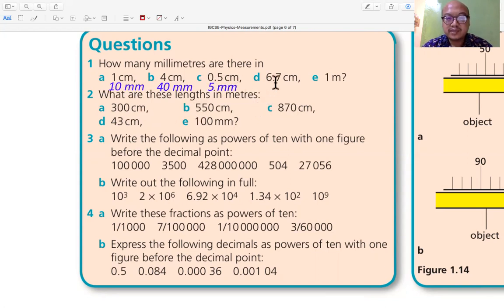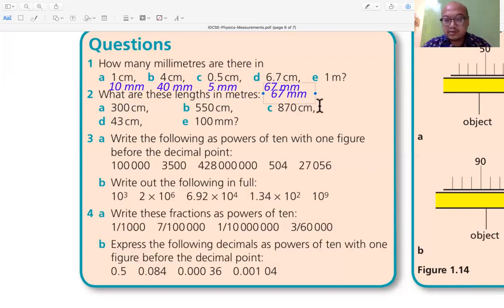And now, what about 6.7 centimeter? Yeah, something with times 10 millimeter. So this is something with 67 millimeter.